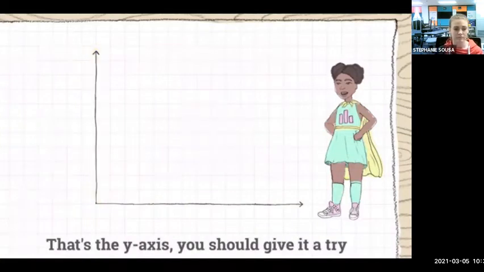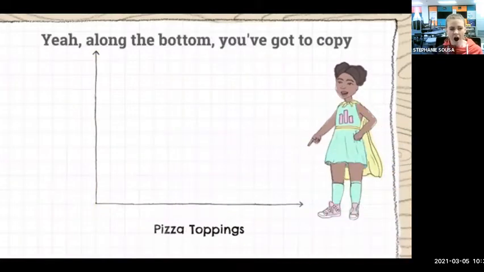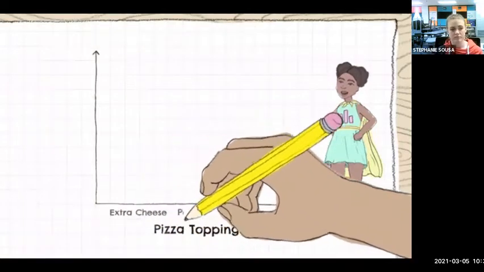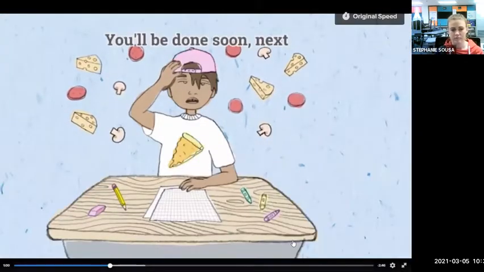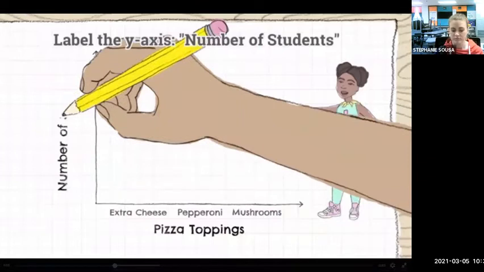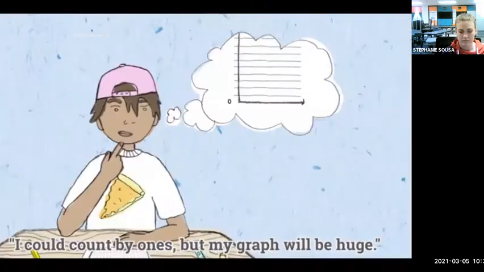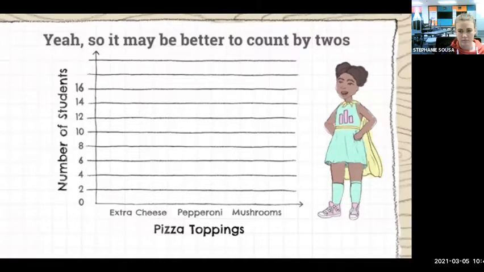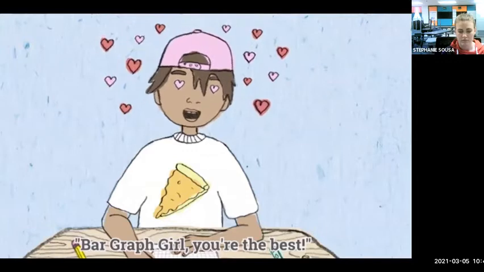That's the y-axis, you should give it a try. Give the x-axis a label. Pizza toppings? Yeah, along the bottom, you gotta copy the topping types, which are categories or types of data. Extra cheese, pepperoni, mushrooms, my head hurts. You'll be done soon. Next, label the y-axis, number of students. Now, add a scale to the axis. Like a fish? No, how much will count by the increments. I could count by ones, but my graph will be huge. Yeah, so it may be better to count by twos. Cool. Each line stands for 2 student votes. Bar Graph Girl, you're the best.